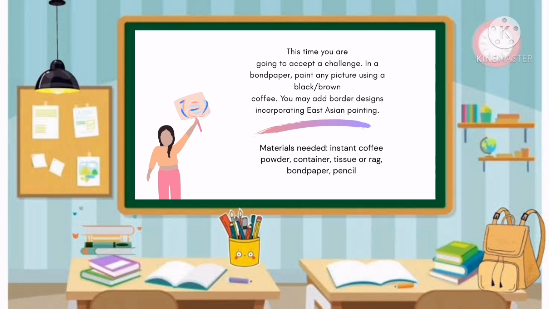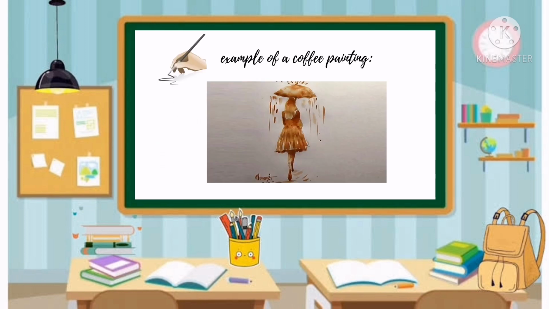Please do not forget to pause this video while doing this activity. Please refer to your Arts 8 module for the procedure of this activity. This is a picture of an example of a coffee painting. I am excited to see your creative artwork.